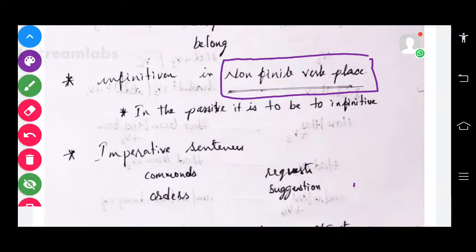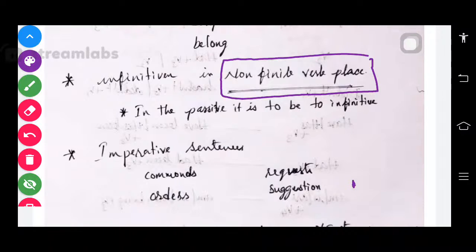So here I mention simple sentences, compound sentences and complex sentences. In the days to come, we are going to learn all those: what are simple sentences, what are compound sentences, what are complex sentences.